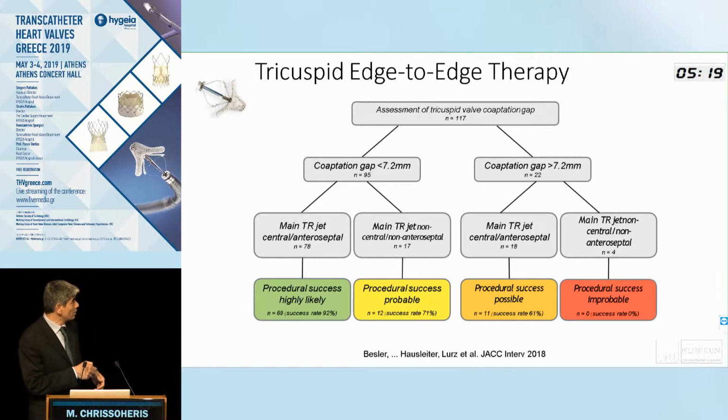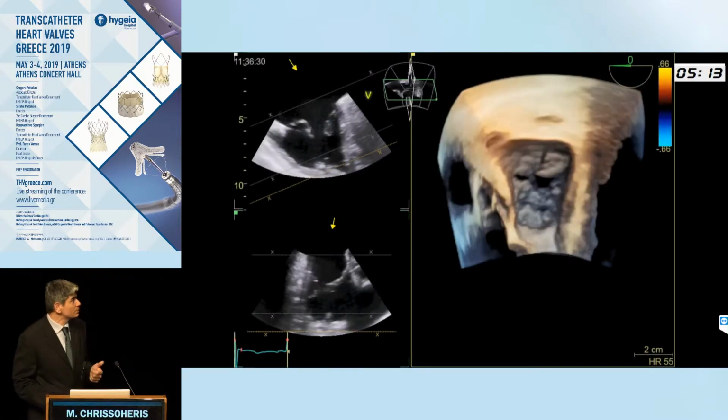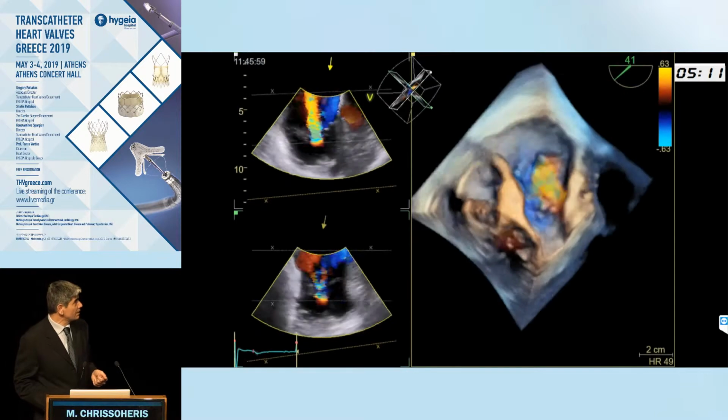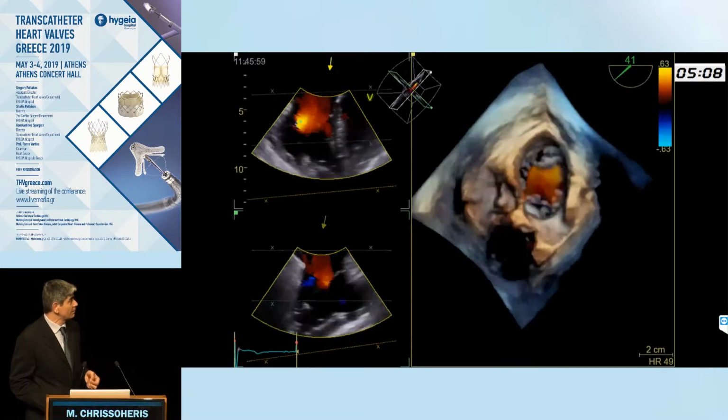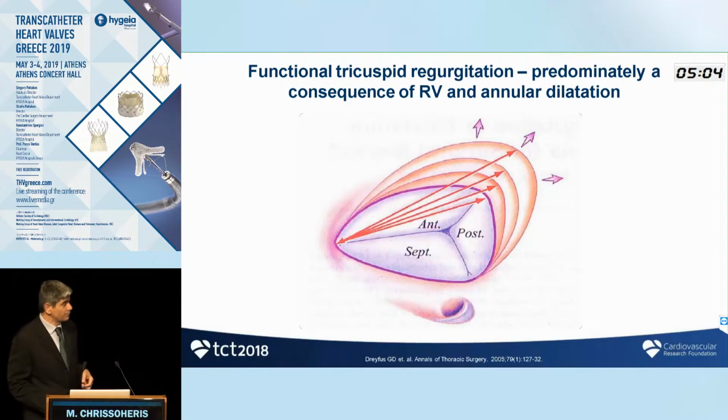If the gap is smaller and the jet is mostly central or anteroseptal, then procedural success is highly likely. This is a patient who was referred for transcatheter repair, but the patient had a gap of about 1 centimeter, so she was rejected for a TriClip.